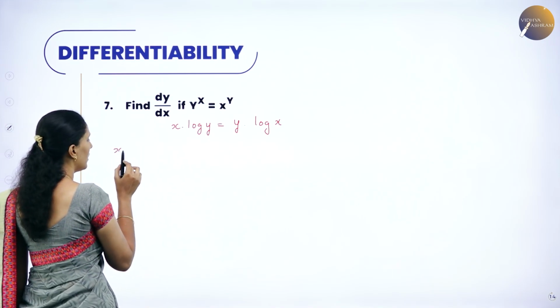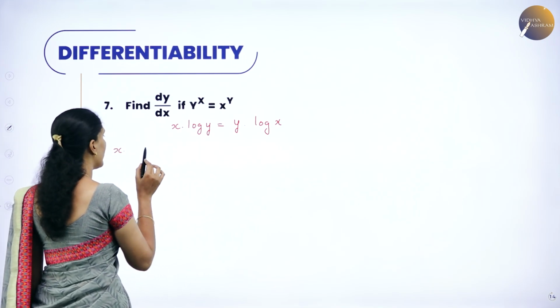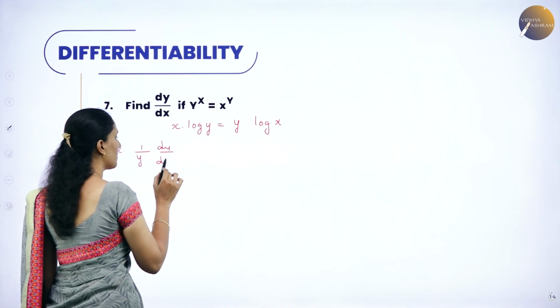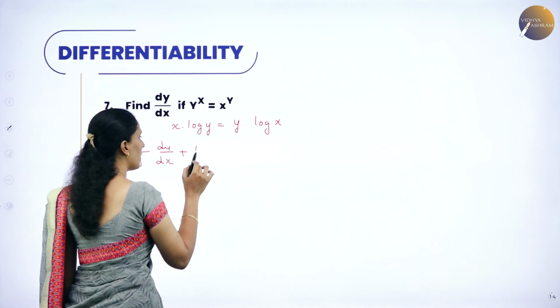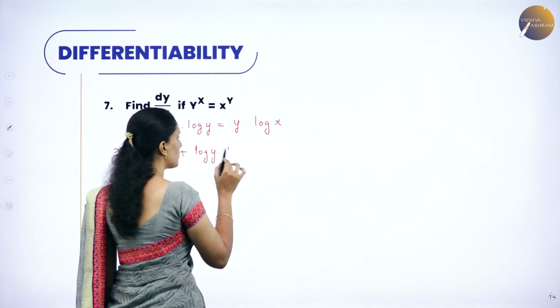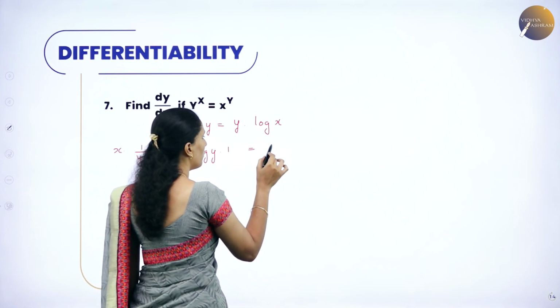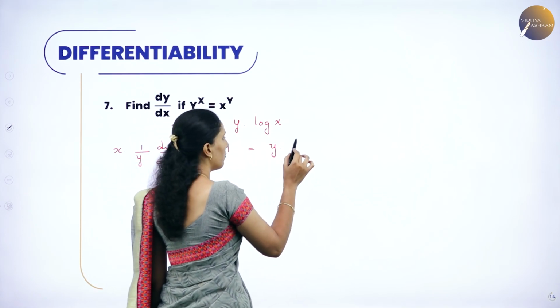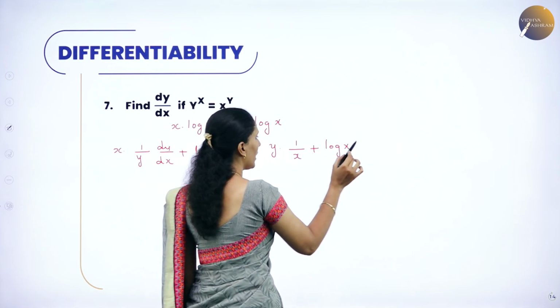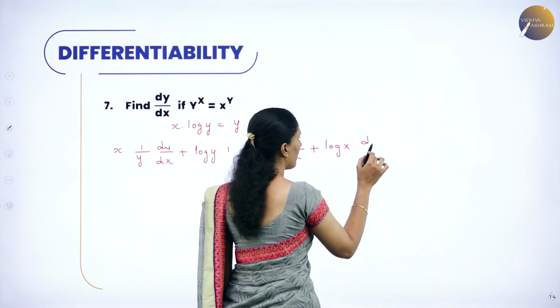First function into derivative of log y, that is 1 by y into dy by dx, plus second function, that is log y into derivative of x, which is 1. Next here also, first function into derivative of log x, plus log x into derivative of y, that is dy by dx.